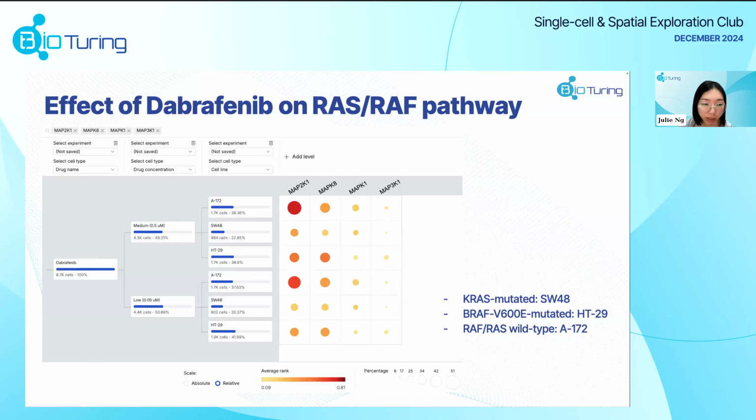And overall, when compared to our wild type cell line, which is A172, we see a consistent decrease in the MAPK expression in our mutated cancer cell lines, especially in our BRAF V600E mutated cell line, which is the HT29 cell line. So just overall, we see a decrease or downregulation of the expression of our MAPK genes in the mutated cell lines.